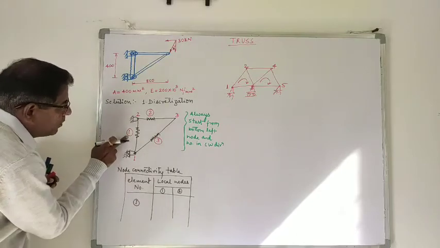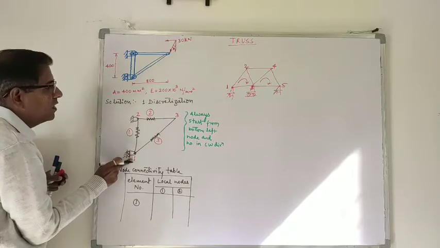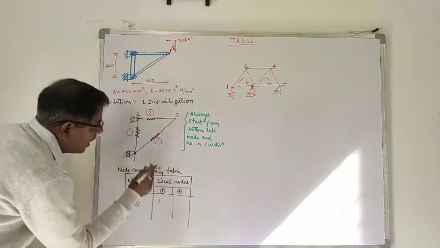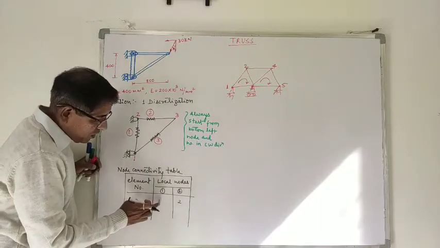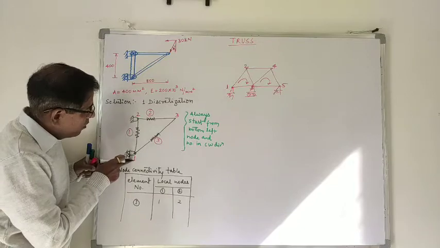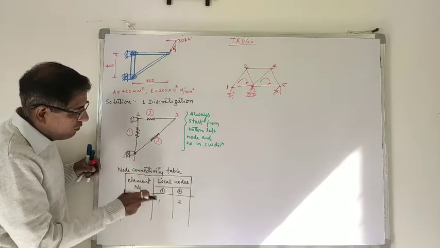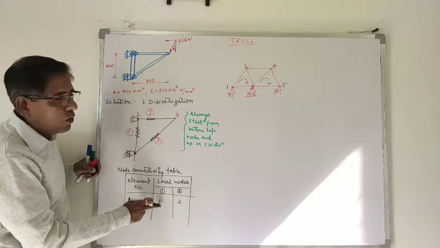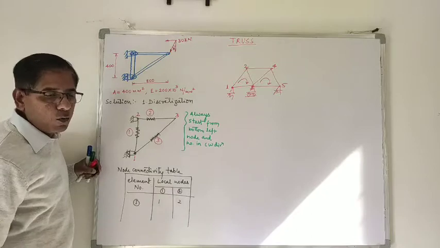The first element is made up of node number 1 and 2, out of which 1 is our first local node and 2 is our second local node. This definition is very, very important. Out of 1 and 2, the smaller number will always be the first local node and the bigger number will always be the second local node.